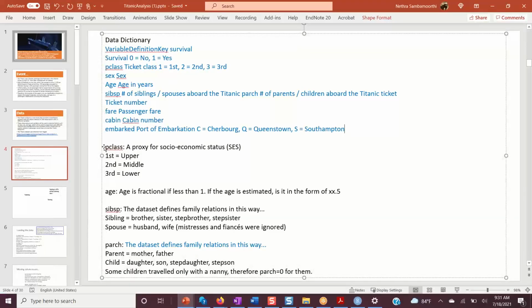So when we say that passenger class 1 means upper class, 2 means middle class, 3 means lower class, it's a kind of reference to the socioeconomic status. The parch variable, the parent-child relationship variable, tells you whether the person has a mother or father with them.